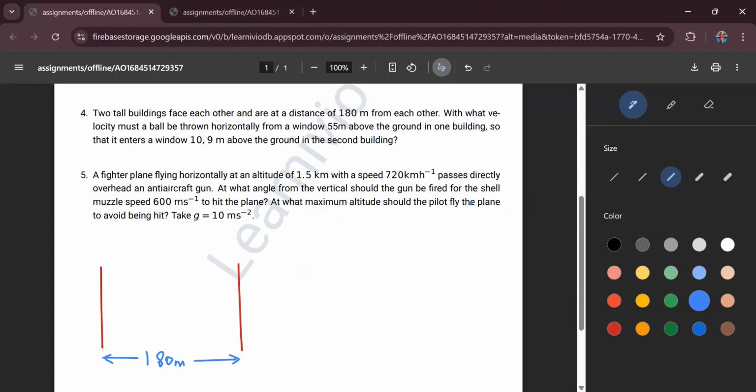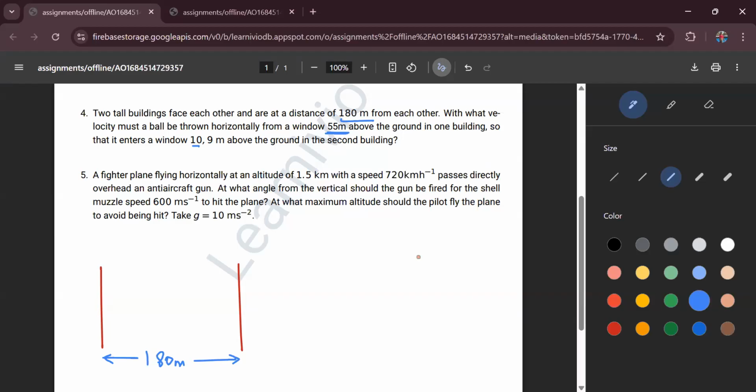Then it says, with what velocity must a ball be thrown horizontally from a window 55 meters above the ground in one building so that it enters a window 9 meters above the ground in the second building.